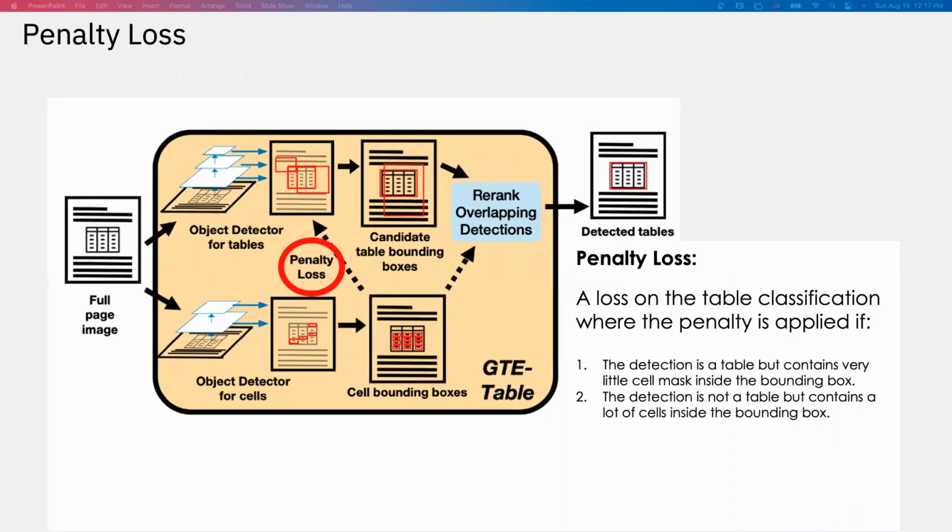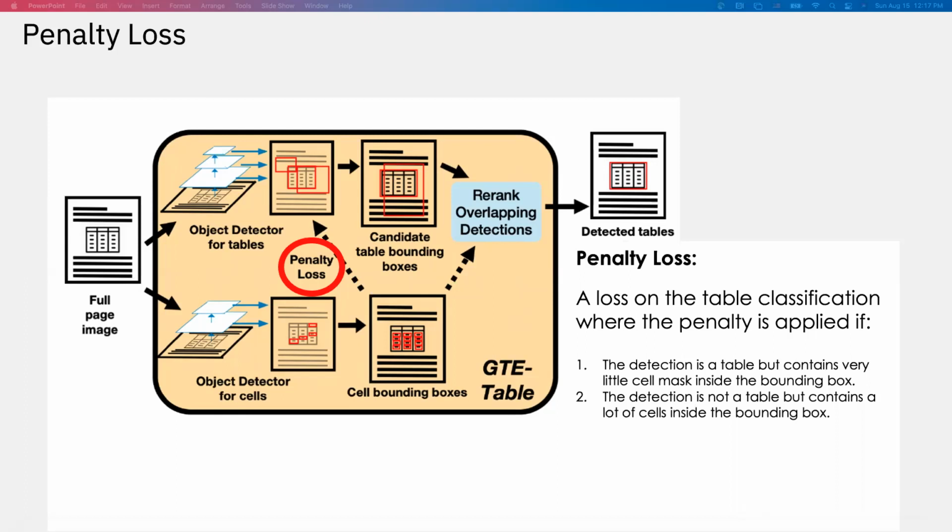So the penalty loss works the following way. On a high level it's actually very simple. We look at all these potential candidates, and we apply a penalty if the detection is a table but contains very little cell mask inside the bounding box, or if the detection is not a table but contains a lot of cells inside the bounding box.